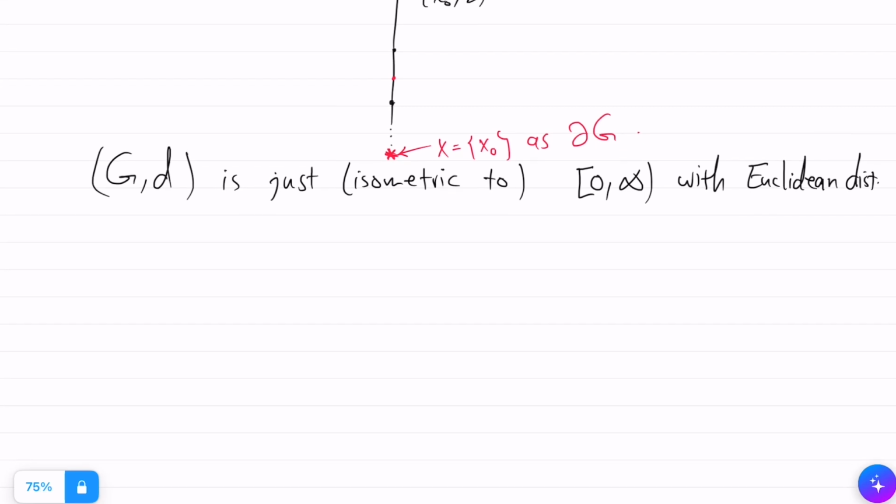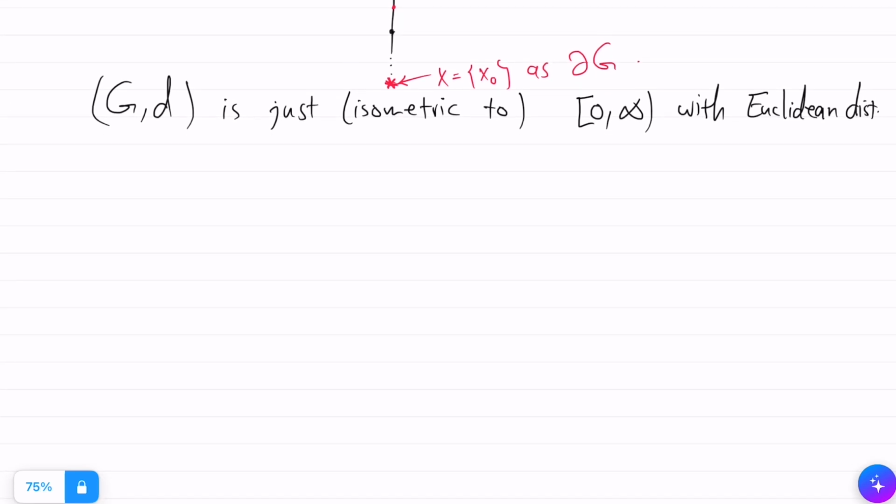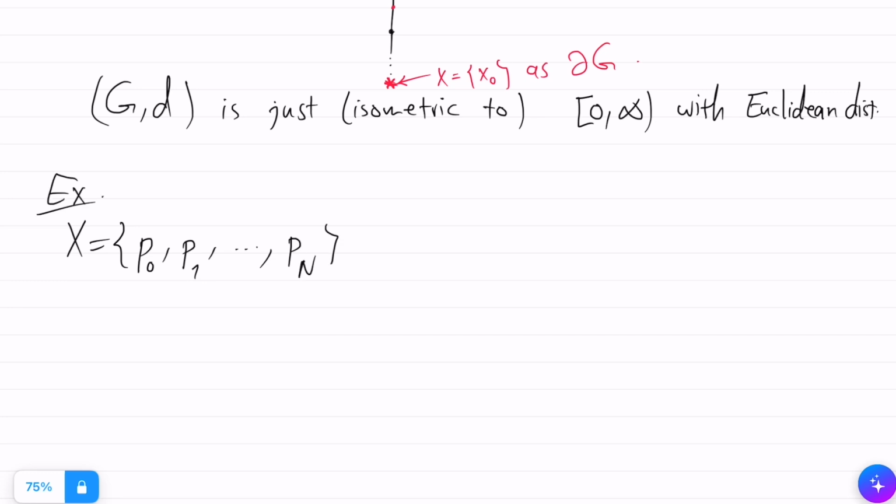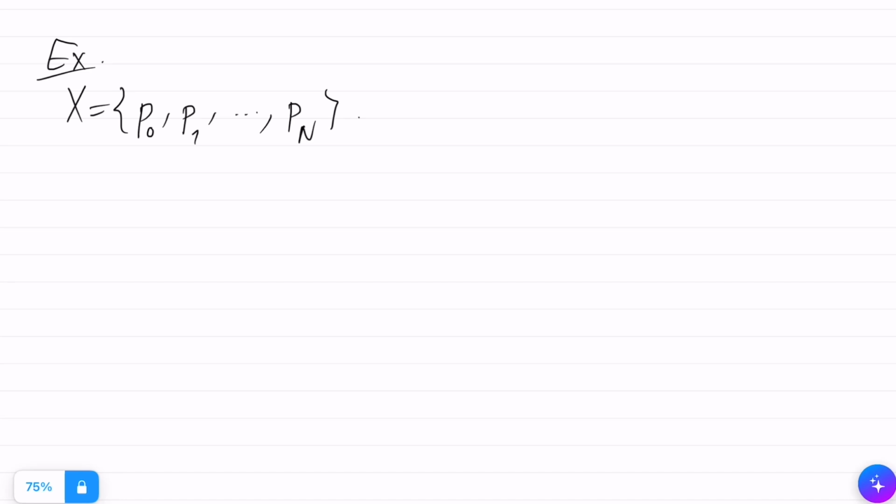How about multiple points? How about X being a bunch of points? Let's denote them by P0, P1, and Pn. Then, depending on their distances and on alpha, so let's say A0 is just P0, and then A1 could be just P0, or could be all of X, or could be some of the points.